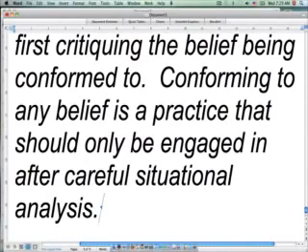Conforming to any belief is a practice that should only be engaged in after careful situational analysis. Now, that's an academic way of saying don't conform to something unless you've thought it through first.